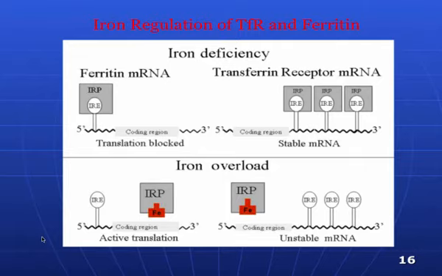DMT1, divalent mineral transporter 1. It's on the brush border membrane. And I said at that point, one of the points of regulation of iron absorption is DMT1. I said in iron deficiency, DMT1 levels go up. When a person has high iron status, DMT1 levels go down.